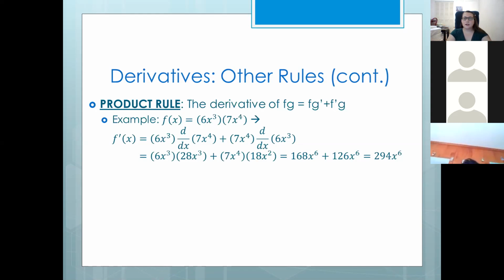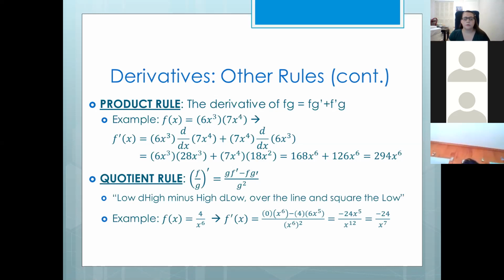Now, in this case, there are multiple ways to go about doing this example. This is just the method that I chose because it highlights some of those other rules that we've already talked about. But if you think of another way to do this example, you're more than welcome to try it that other way too.